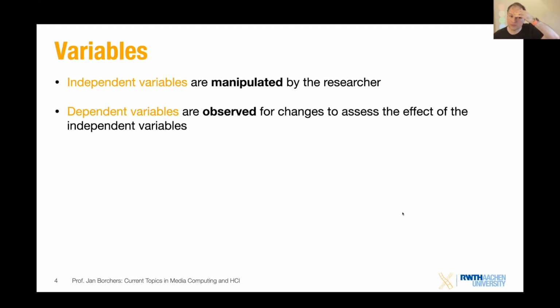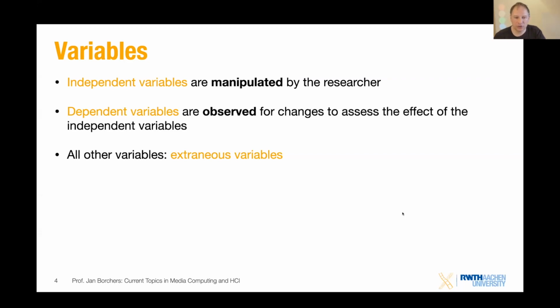So we try to observe the dependent variables, and we are looking for effects that the independent variable changes, which we make by manipulation, have on the dependent ones. Those two are the core of your experimental design. Everybody will tell you in their experimental design what the independent variables were. You'll find that in the papers that we take a look at.